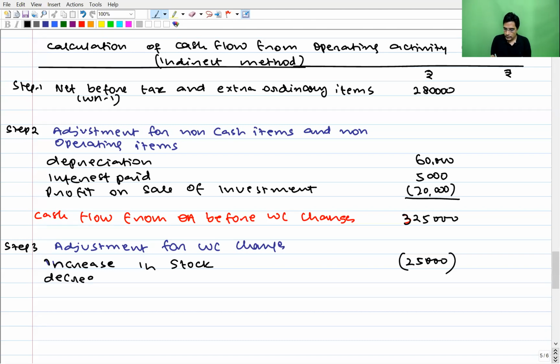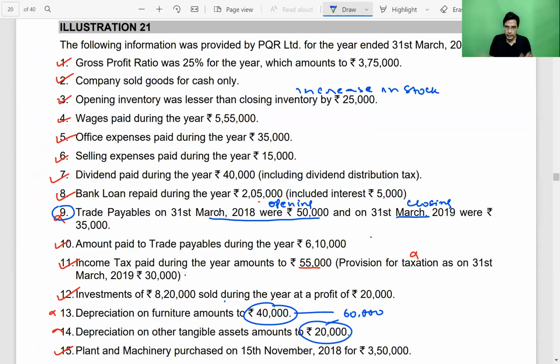Trade payables have a direct relationship with the cash flow. So when it decreases, we will write it as a negative figure. The logic we understood in the class discussion.